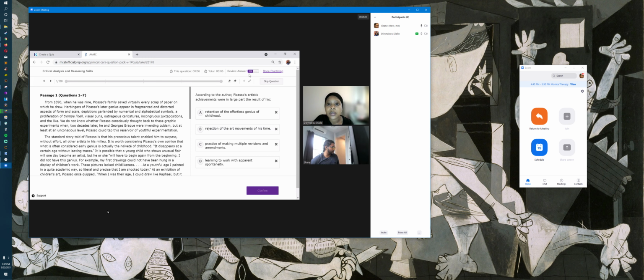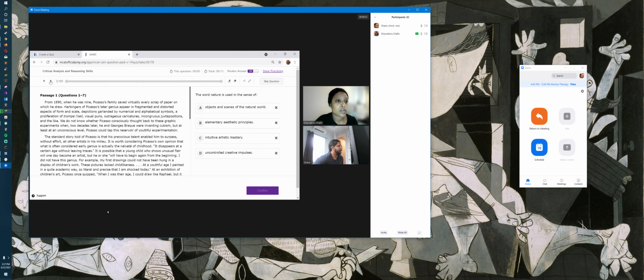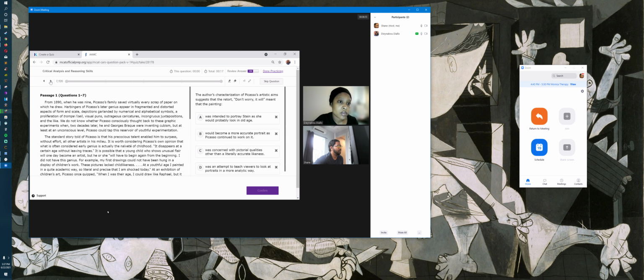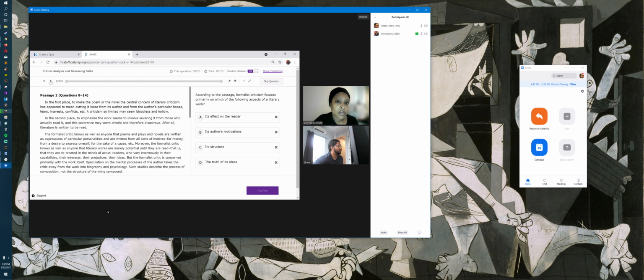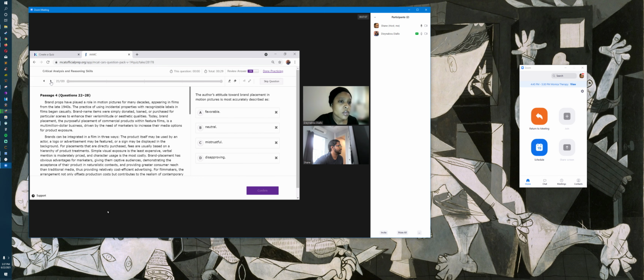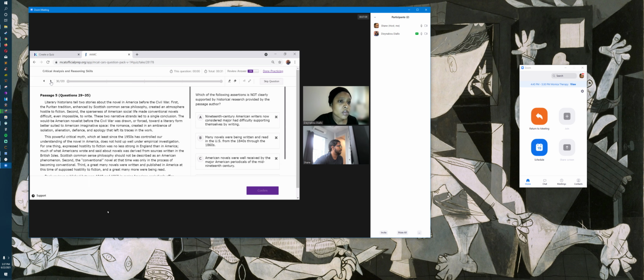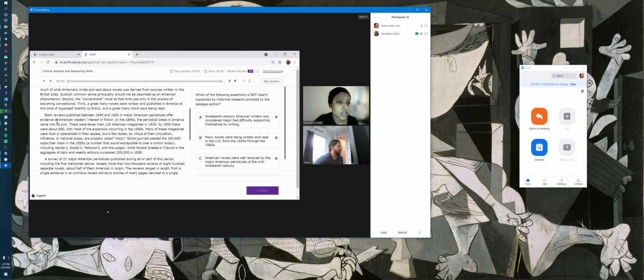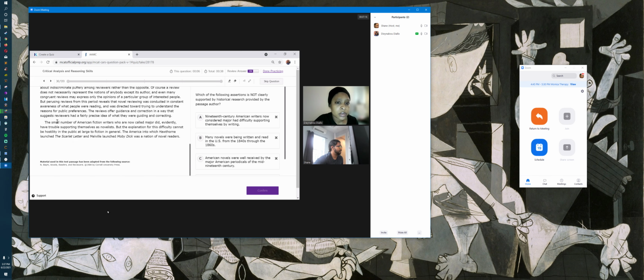Let's do one that's way in there, that we have no memory of. I'm pretty sure we've done the Picasso one, and this one too. I don't think we did this one. We didn't go over it. Okay.